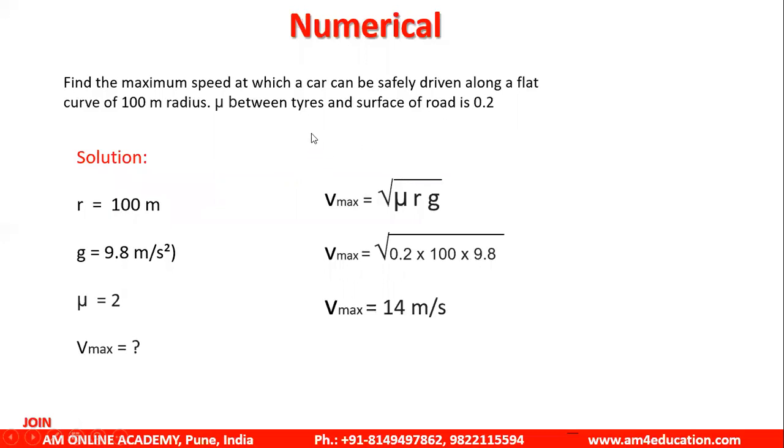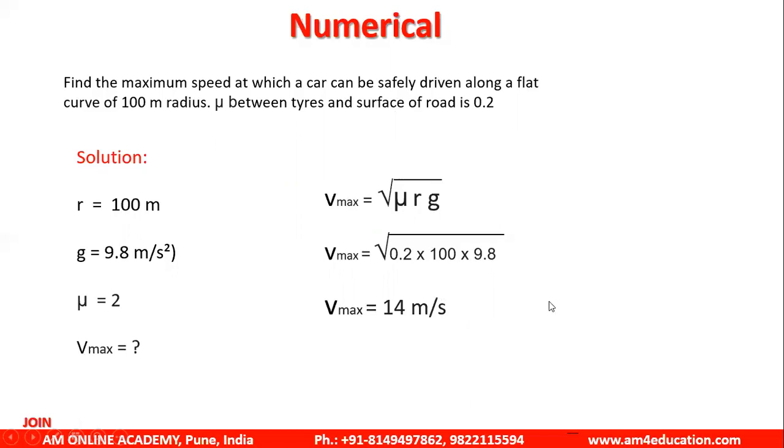So on this particular track, whose coefficient of friction is 0.2 and the radius of curve is 100 meter, where g is 9.8 meter per second square, the maximum speed of any vehicle, maybe a car or a truck, that doesn't matter, with which a vehicle can take a safe turn without skidding is Vmax equals 14 meter per second.